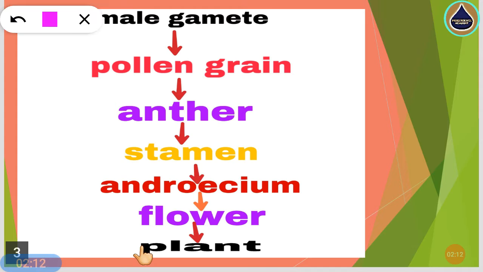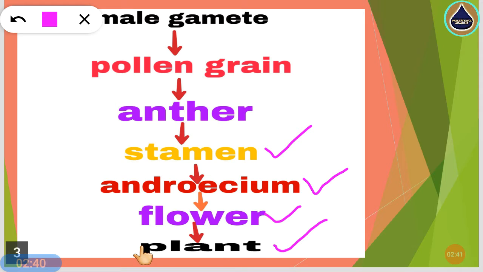So to know about the male gametes, where the male gamete is found and how, we go from the bottom. The plant body is there. In the plant there is a flower. In the flower there is a male reproductive part that is called the androecium, and the single unit of the androecium is called the stamen.